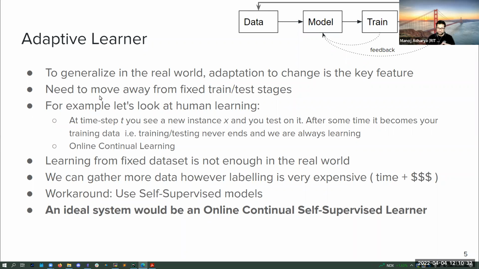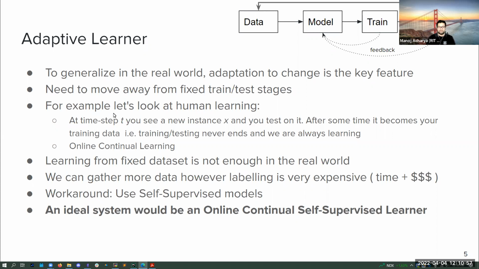For example, let's look at human learning. What happens if you have a human in real world? What usually happens is that if you see a new instance X, you apply your knowledge that you have learned until time step T, and then you immediately test on that instance, right? So whatever the results for that test might be, you might get the instance correct or you might get it wrong.